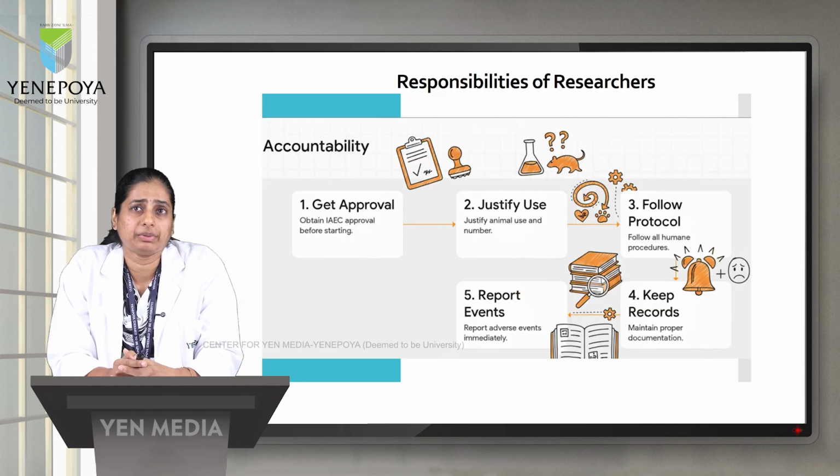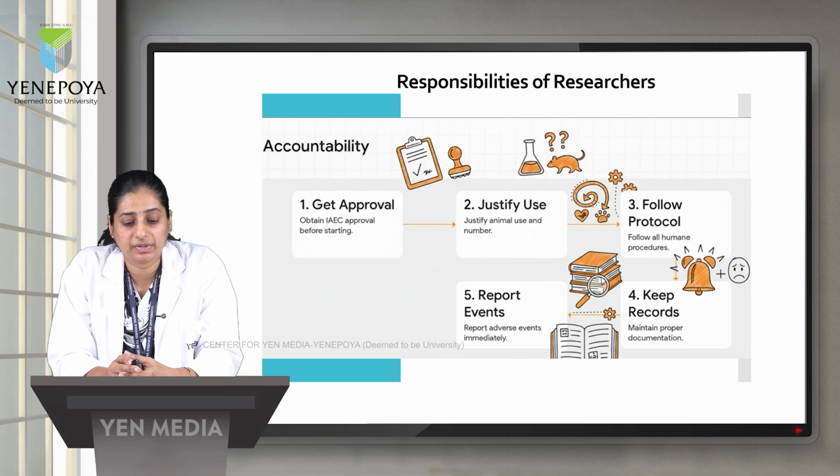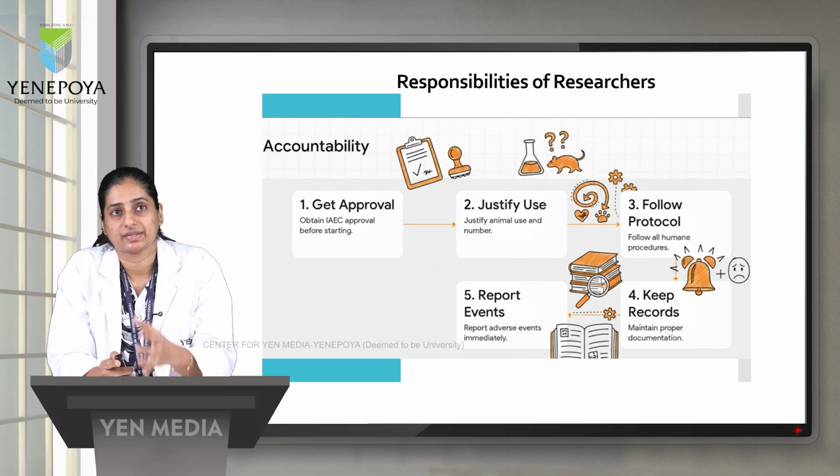What are the responsibilities of the researchers? We were discussing the reviewing of a protocol received by an IAEC. So what should the researcher do exactly? We already discussed that they should follow the 3 R's principle with the addition of the other 2 R's.